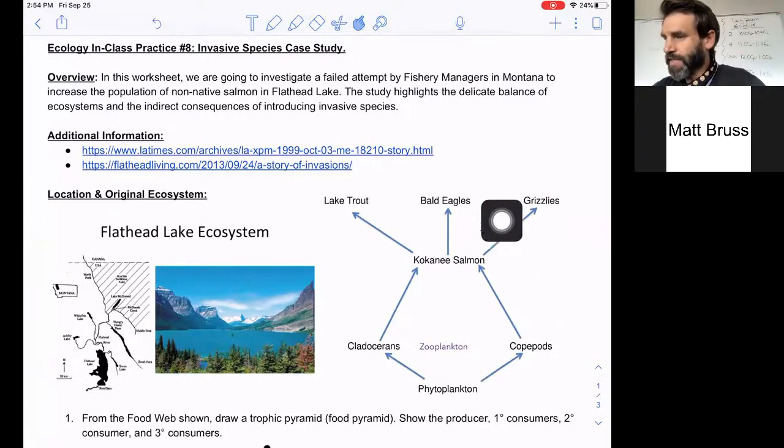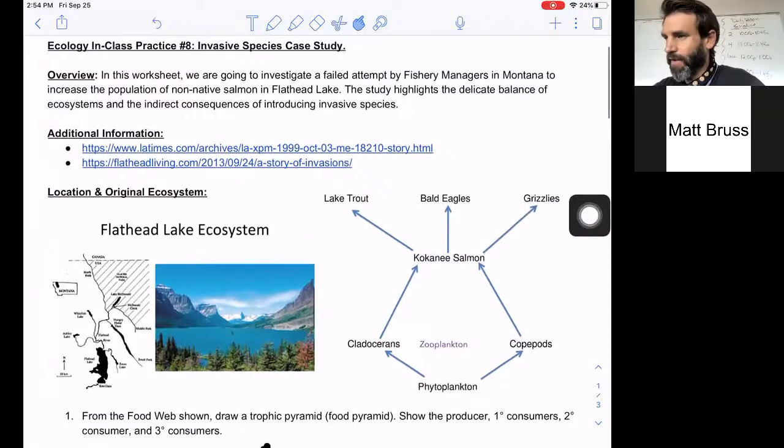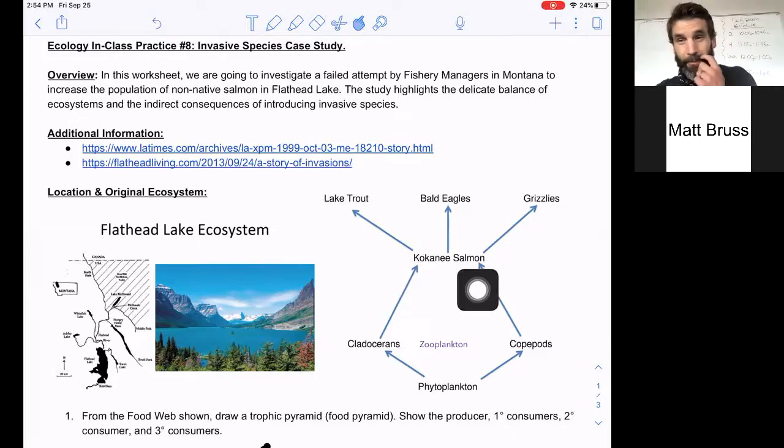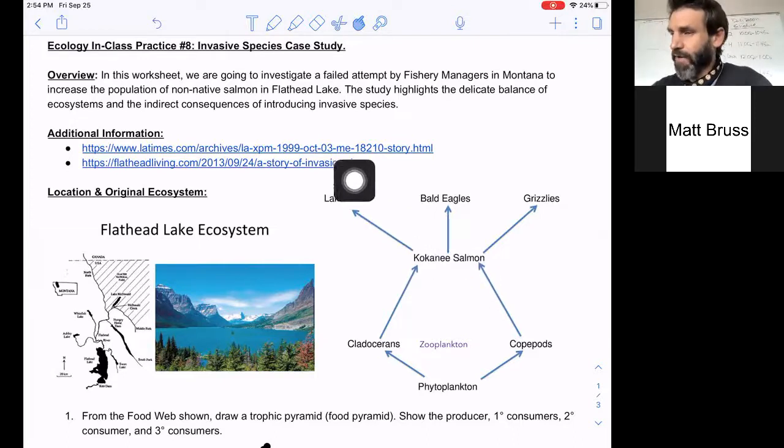And this is the story of fishery managers, recreational managers in Montana in the early 80s, trying to increase the salmon population. And like I said, this is a real life case.